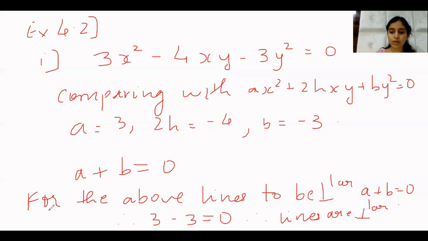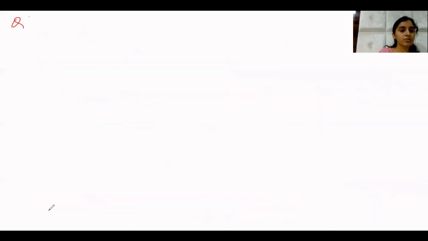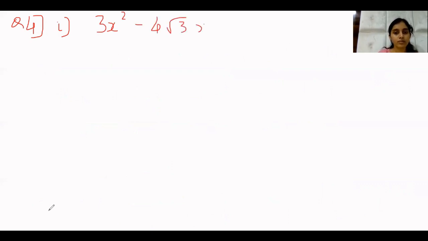Question 4, first one. What is the equation given? 3x square minus 4 root 3 xy plus 3y square equal to 0. Now what is tan theta given by?